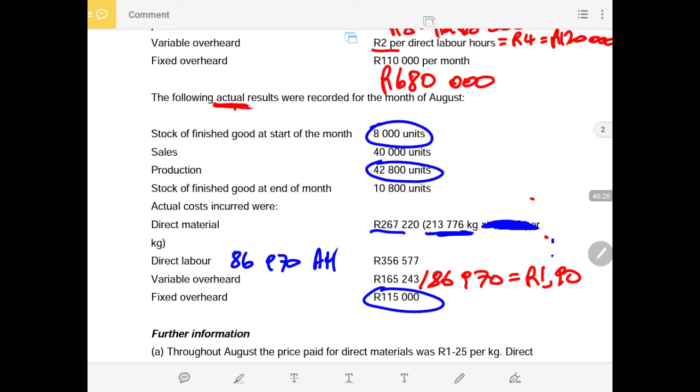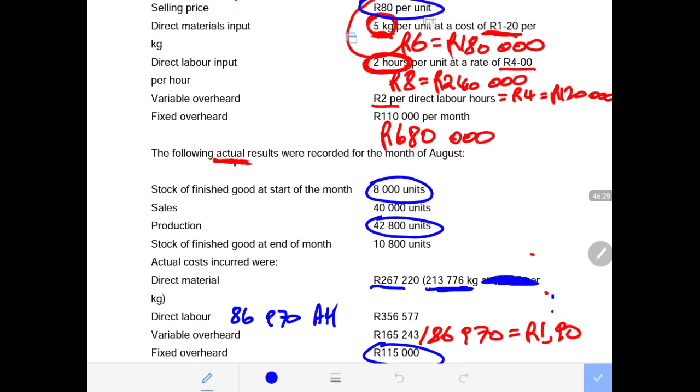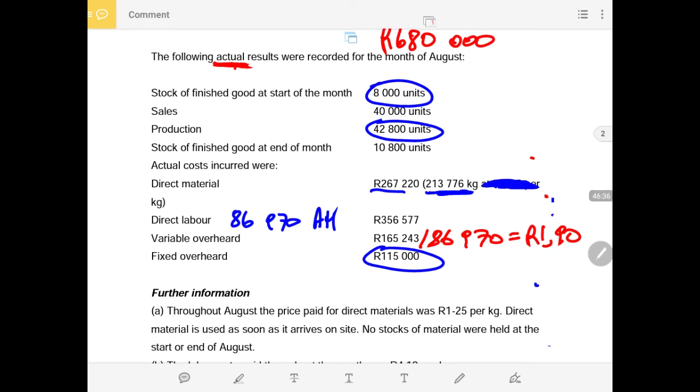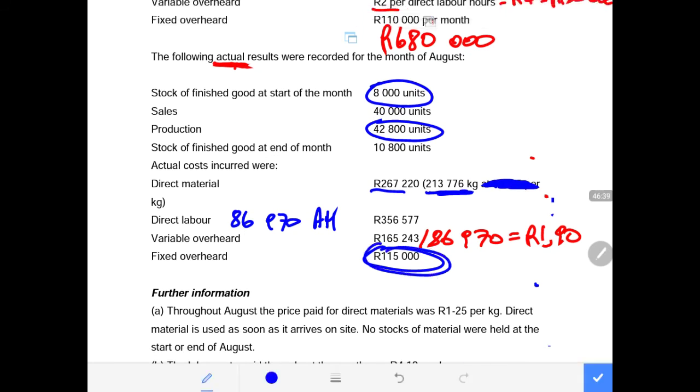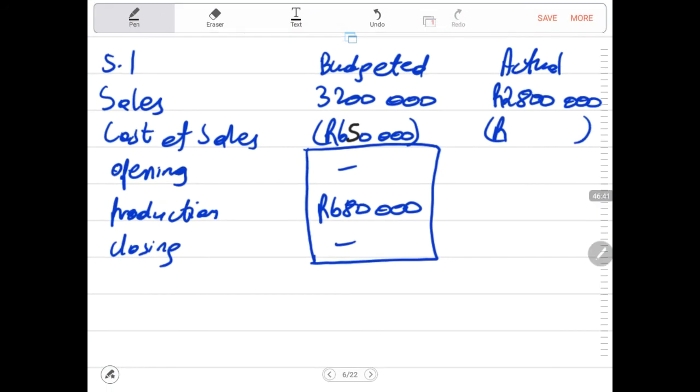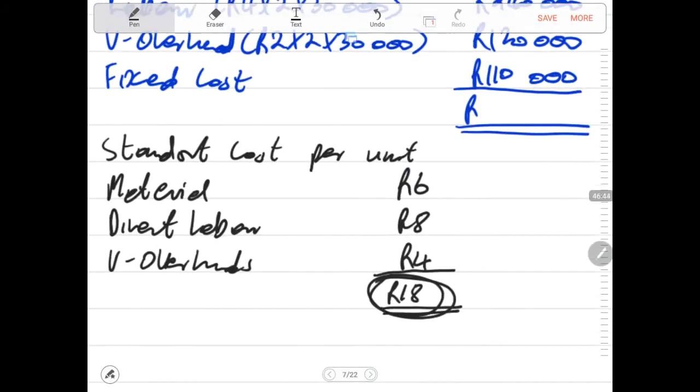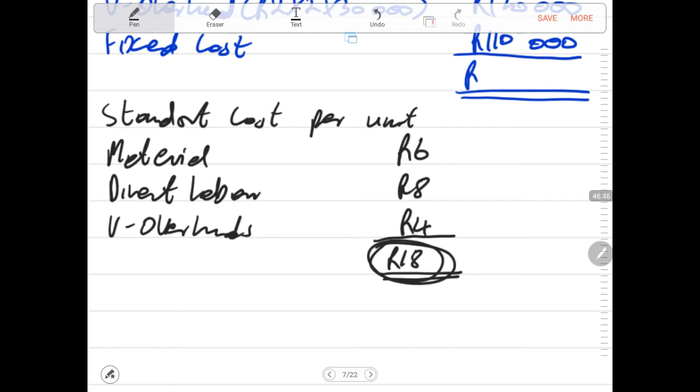In this case it becomes a little bit tricky because we have fixed cost budgeted at 110,000 rands, and actual which is 115,000 rands. That means in the calculation of our cost, we need to account for the fixed cost so that our opening inventory will also include the fixed cost. So we need to say this is the variable production cost, plus fixed cost.